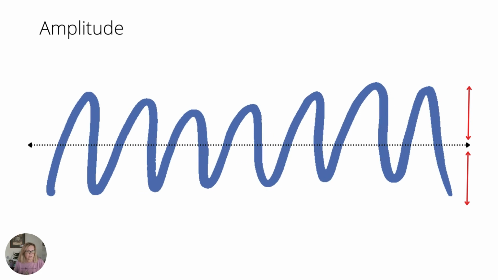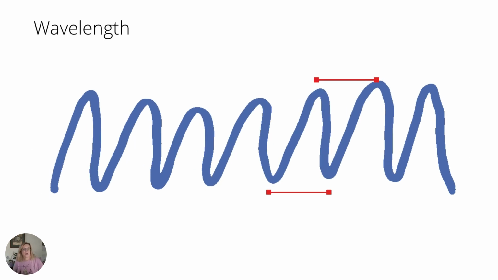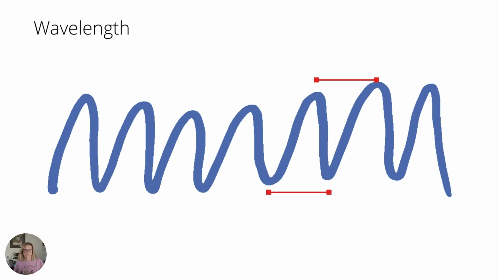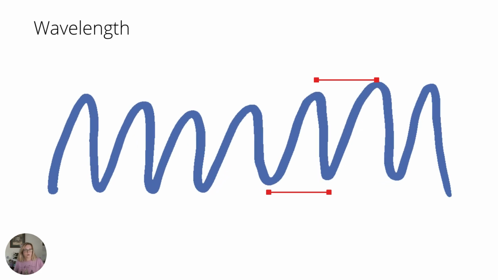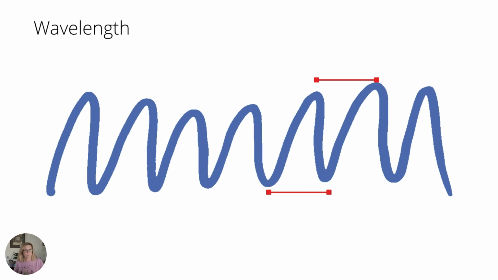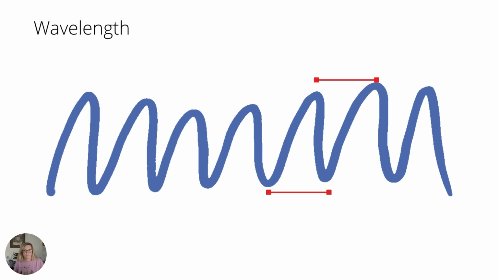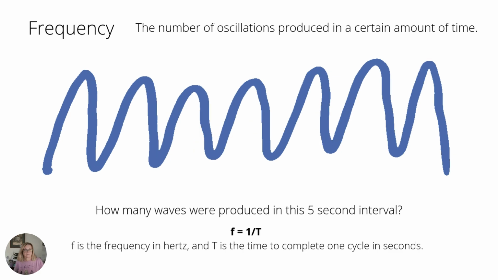Okay, so this is equal to that for one wave. A wavelength is the distance between the crest of one wave to the crest of the next wave, or a trough to the next trough, or any point on a wave to the very next wave, the same point. Okay, those are all known as wavelengths.